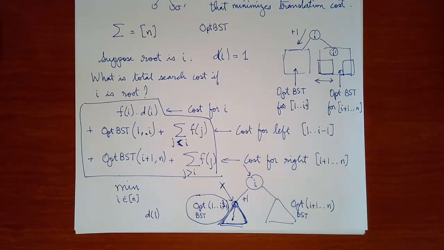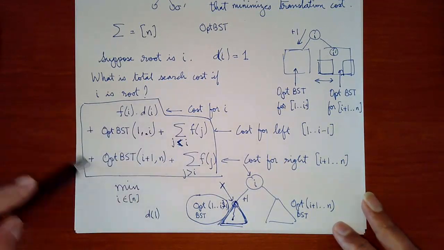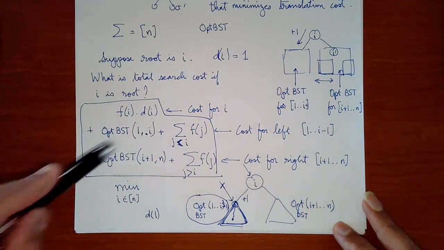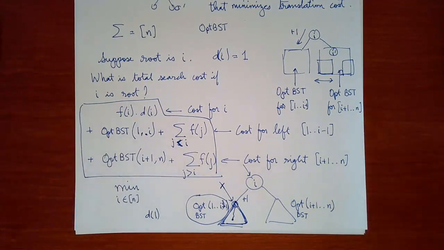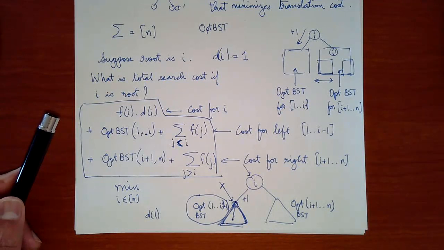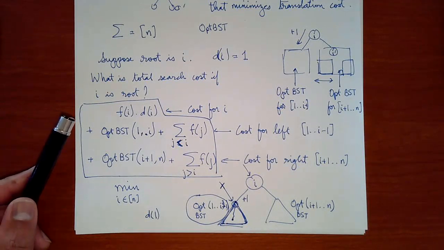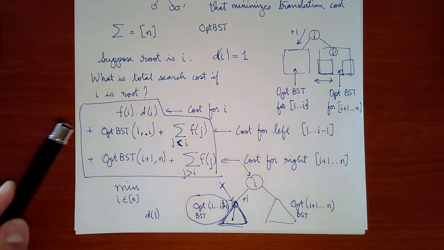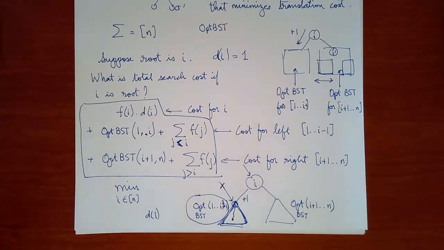So for the full problem, would you have to consider every value of i for this algorithm? You would minimize over all i this expression, and you would solve these using recursion, and we'll see there's a dynamic programming table to be built. Questions?